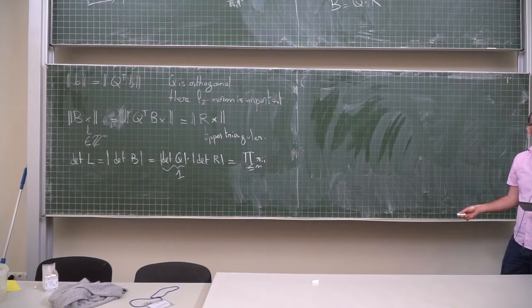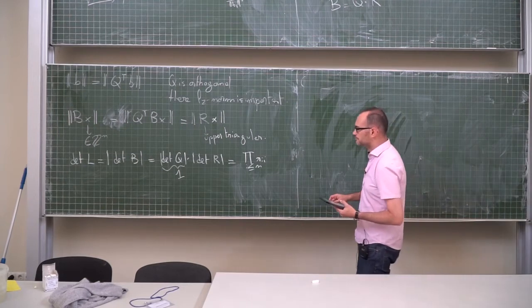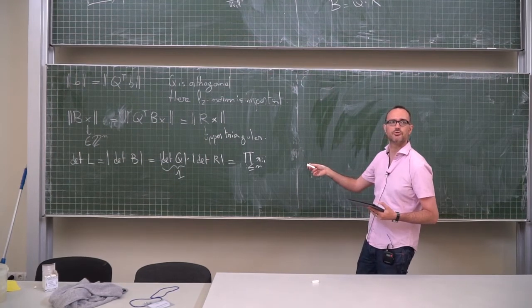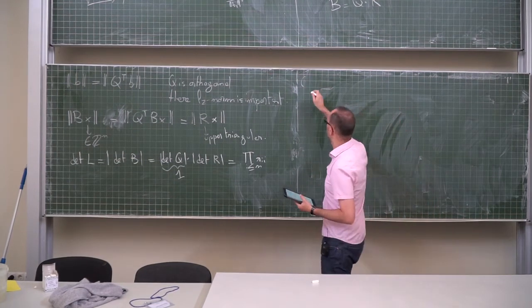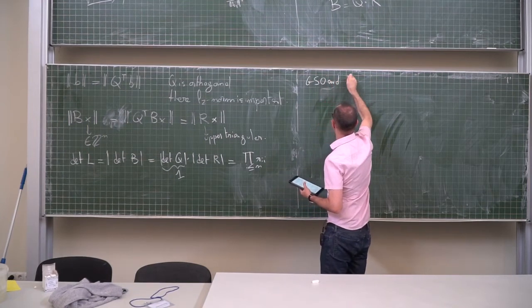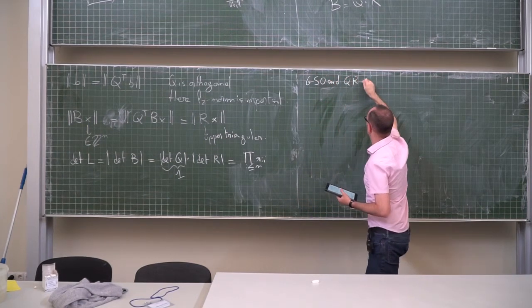Okay, so far so good. One important remark also is that all this is efficiently computable. So GSO and QR are efficiently computable.